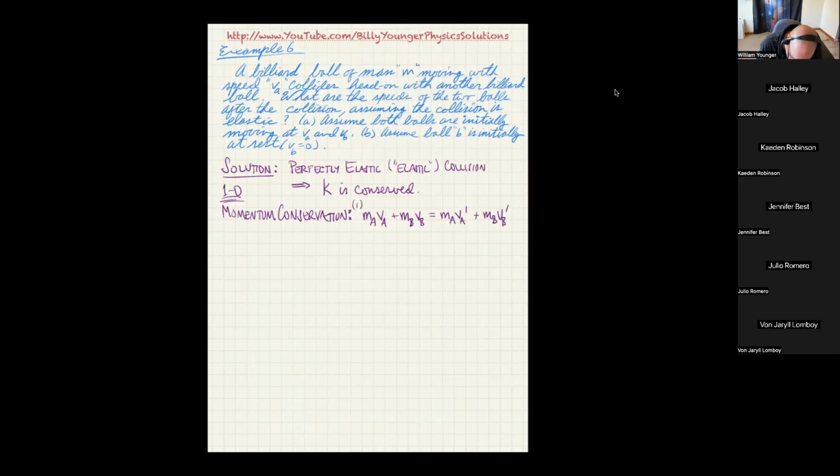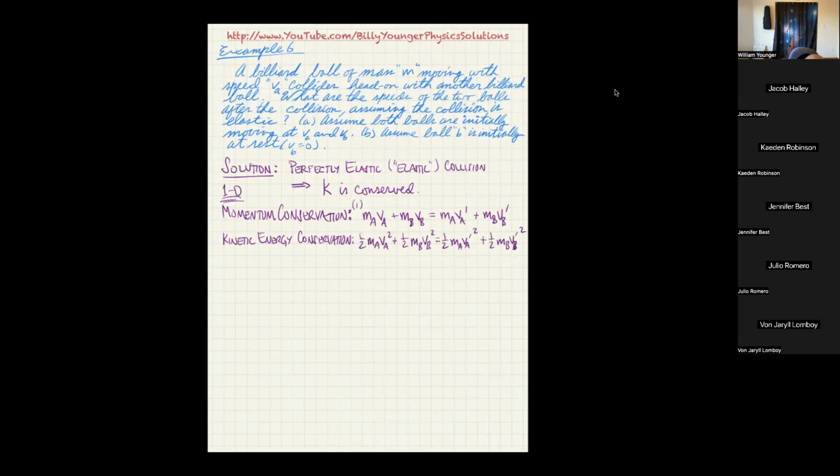Conservation of kinetic energy is this: 1/2 MA VA squared plus 1/2 MB VB squared is equal to 1/2 MA VA prime squared plus 1/2 MB VB prime squared.